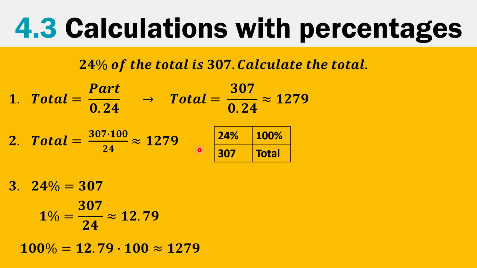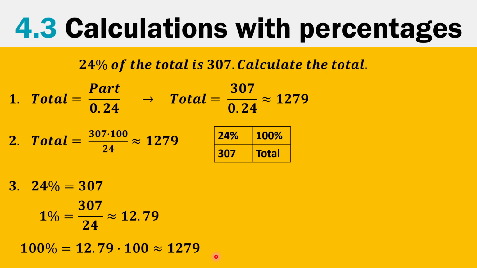Actually, there's even another way. You can say, well, if 24% is 307, then 1% must be 307 divided by 24 equals 12.79. And then 100%, which is the total, is this times 100. 12.79 times 100 is 1279.